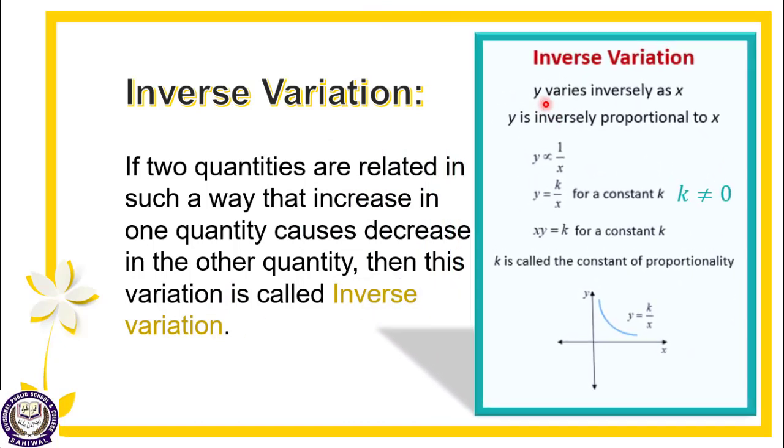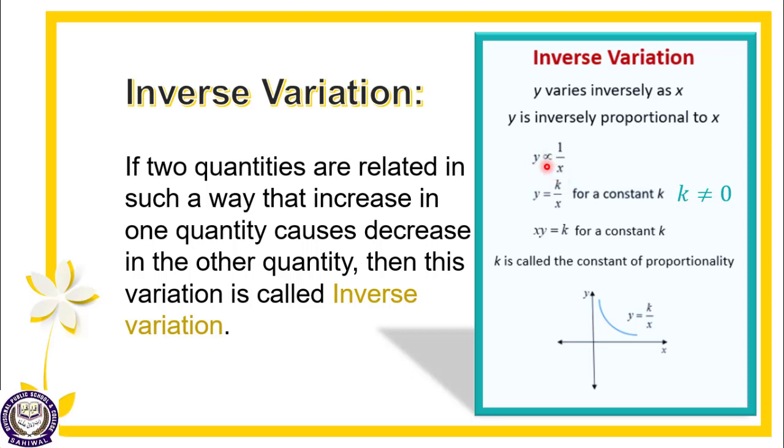If we have two variables, x and y, we can say y varies inversely as x, or we can write it as y is inversely proportional to x. Mathematically, this can be expressed as y is proportional to 1 over x. This 1 over x is the inverse of x, so we can say that y is inversely proportional to x.